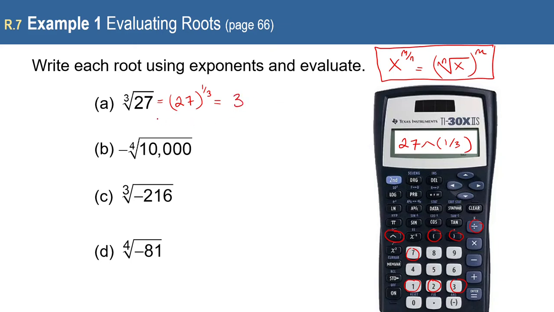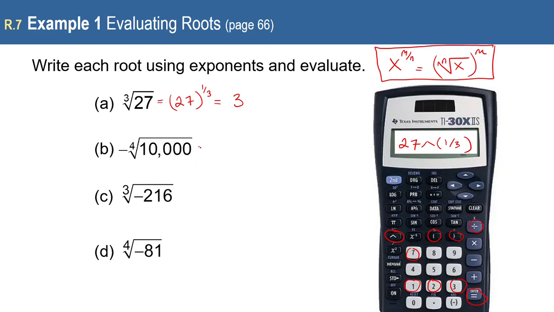So the cube root of 27 is equivalent to 27 raised to the 1/3, or it's equal to 3. Again, I like to put a parentheses, then do 1 divided by 3, then close off that parentheses and click enter, and you'll get our answer, 3.